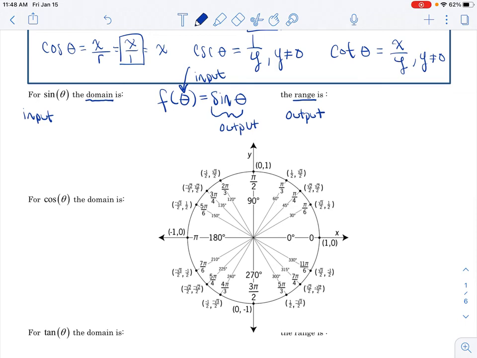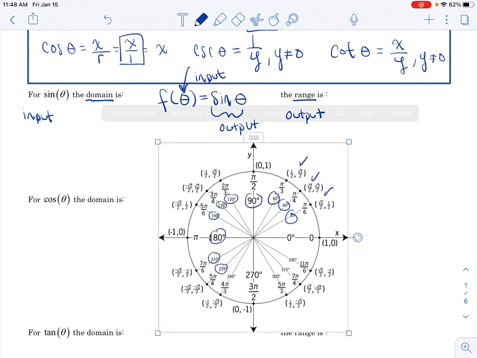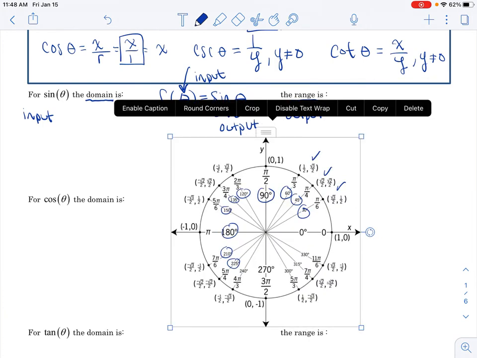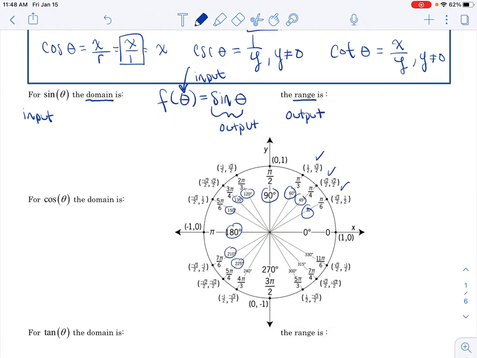For our machine here, it's thetas, it's angles. It looks like we can put in 30 because we get something out. We can put in 45, we get something out. We put in 60, we get something out, and so forth. I'm not getting any undefined. I'm still getting something out.